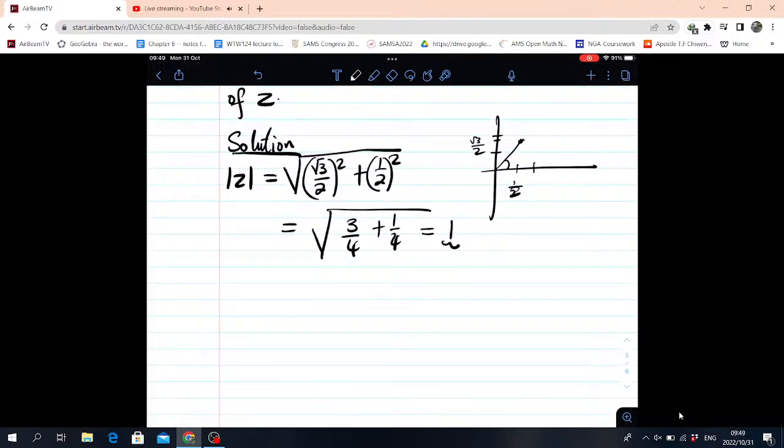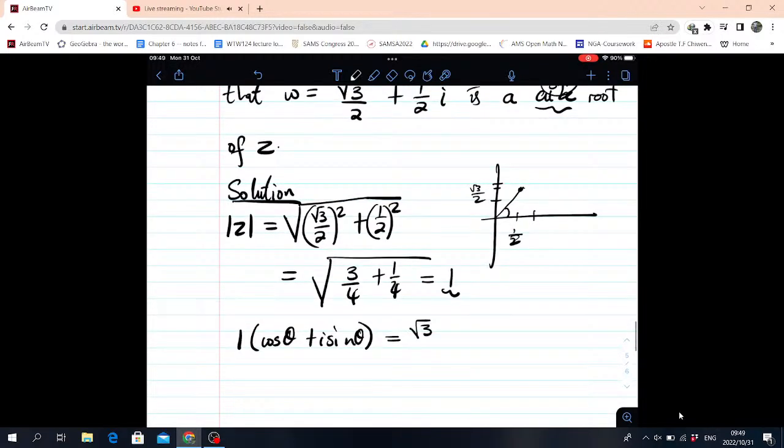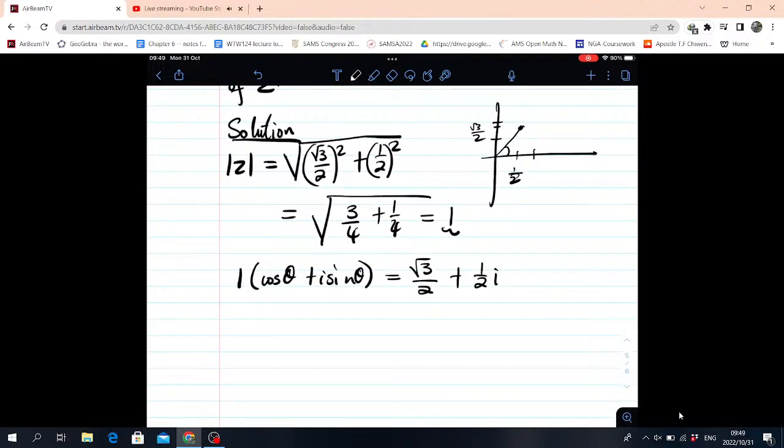And then to find the argument, you say 1 cos theta plus i sine theta is equal to root 3 over 2 plus half i. Let me put my i there so that I'm consistent throughout. So if I take the real part on both sides, it means cos theta is equal to root 3 over 2.